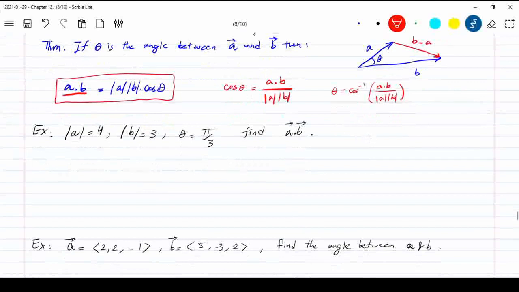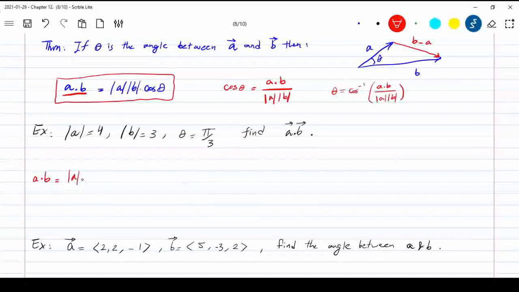Nothing too complicated so far. So here is an example. Let's say you're given the magnitudes of two vectors and the angle between them, and they ask you to find out what A dot B is. So how do you find A dot B? You can use the theorem above and say A dot B would be the product of the magnitudes.